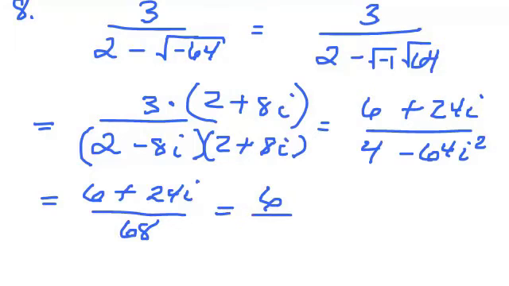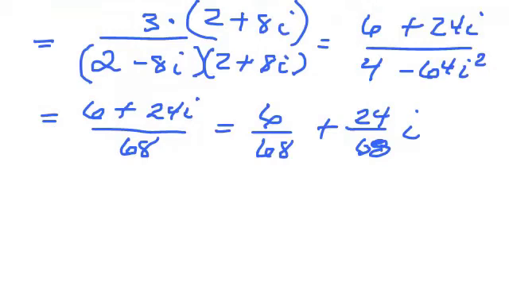Let's go ahead and break this up so we can get this in standard form. We have 6 over 68 plus 24 over 68i. And what do we got? We want to simplify that down and get that fraction in simplest terms.